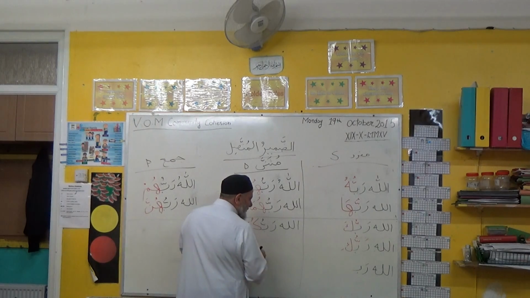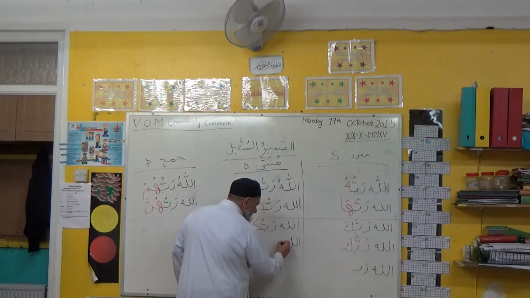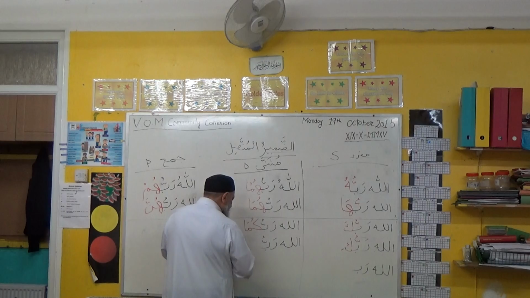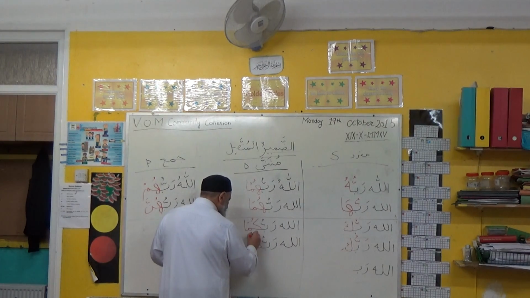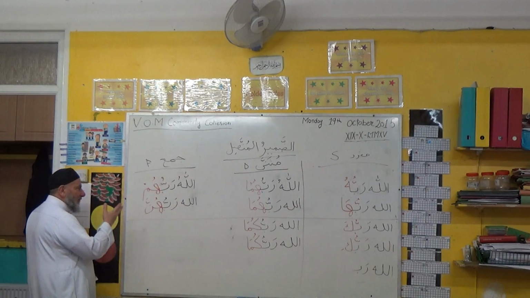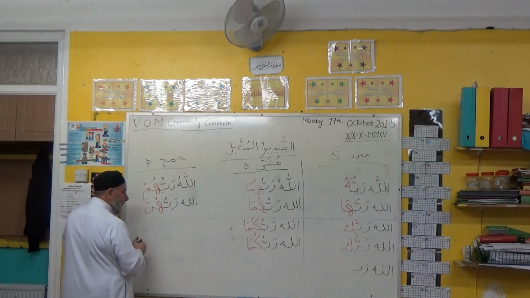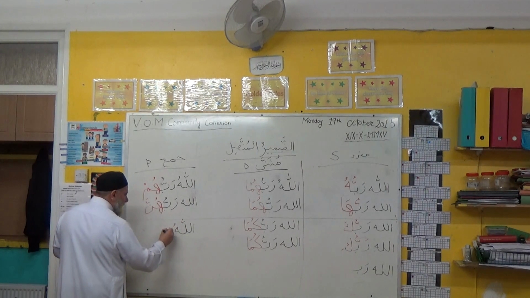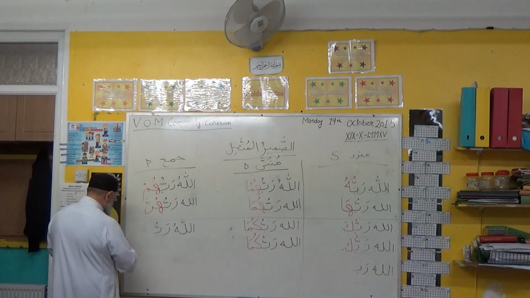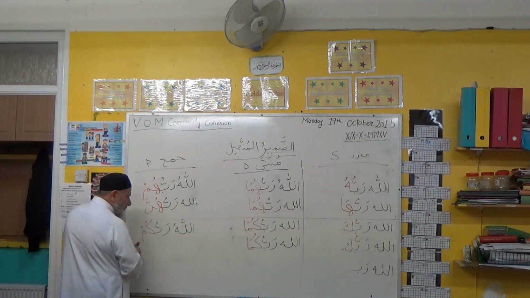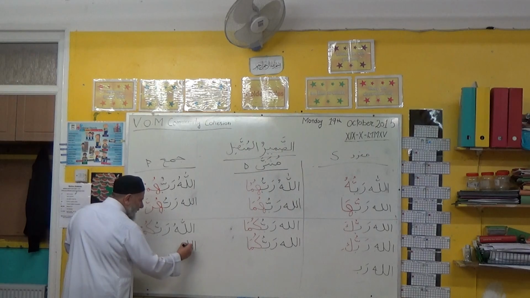Obviously the muthanna is the same for mudhakkar and mu'annath. Now for the plural, I bring the kaf to the mim: Allahu Rabbukum. And with the kaf and the noon, it will be Rabbukunna.